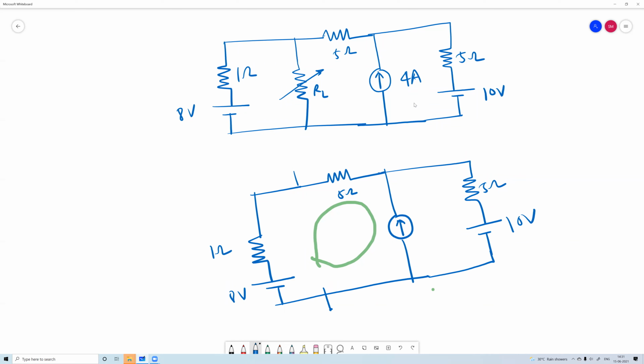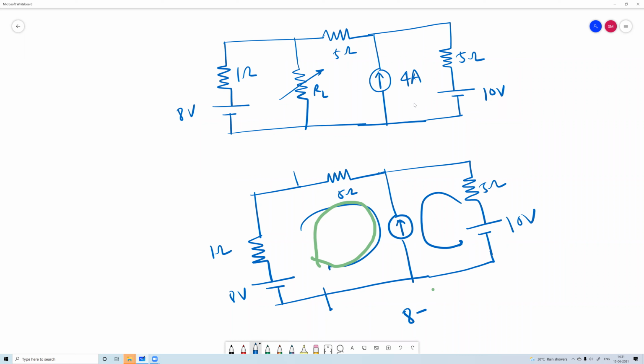Okay, how to find? There is a supermesh, so we can apply KVL in this way over the entire outer loop.